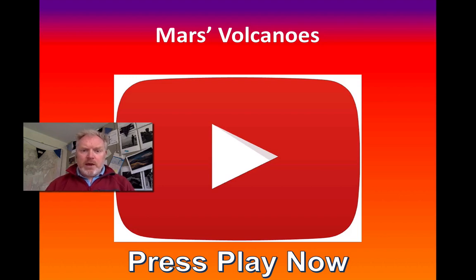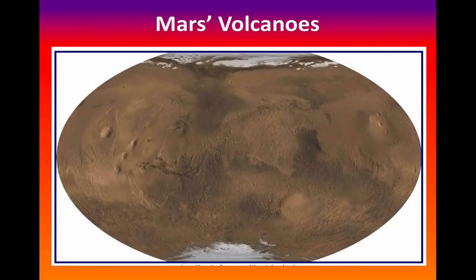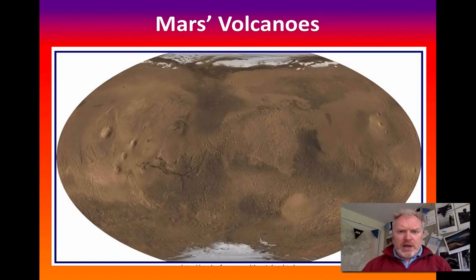Okay, if you've had a go at those questions, let's have a look at what this tells us. This is the surface view of Mars that you have in your books. You can see there are some fairly distinctive features. Let me highlight the volcanoes on this map.